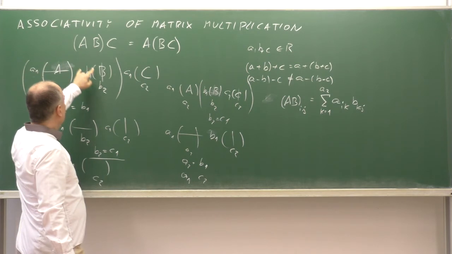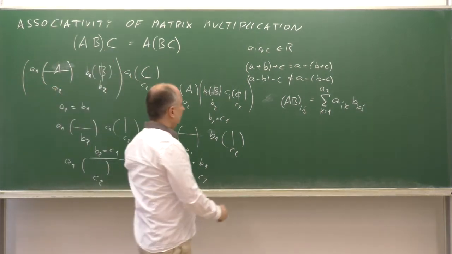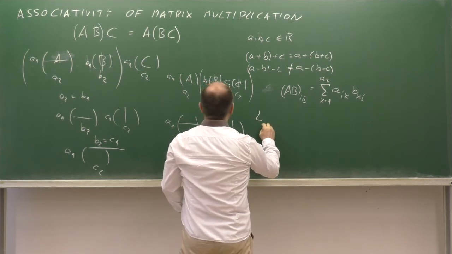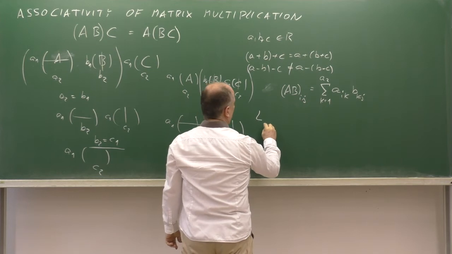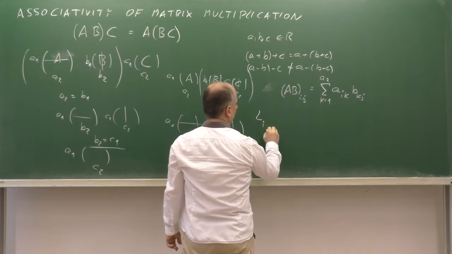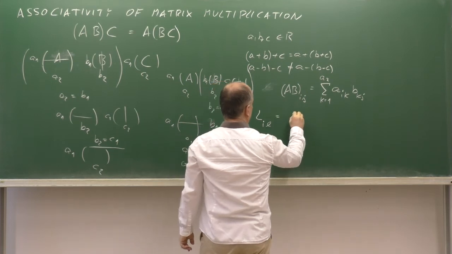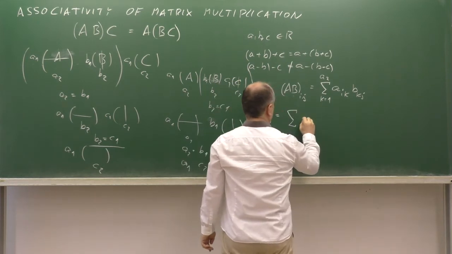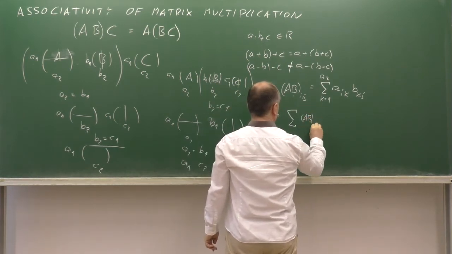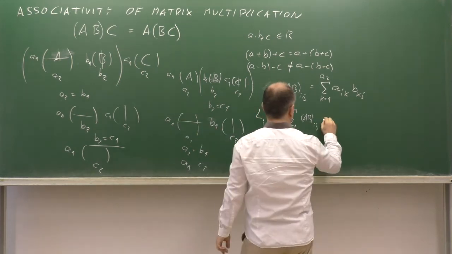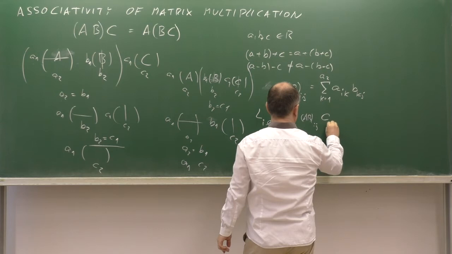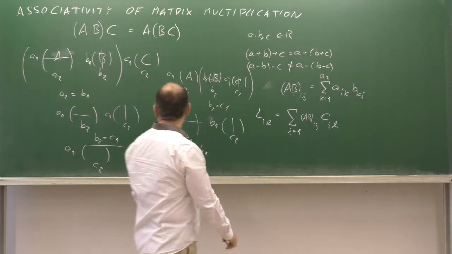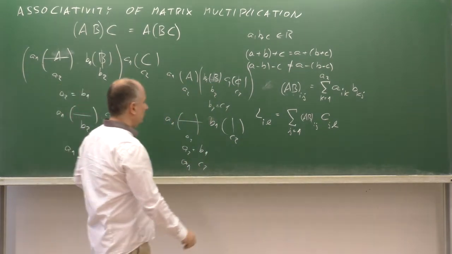And then we multiply this with C. So on the left, we have a matrix with entry in position i, l being the sum of (AB)_ij C_jl, where j runs from 1 to B2.